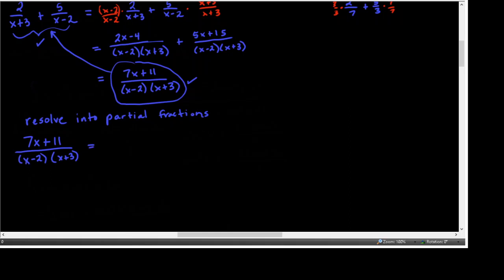So if you notice, the form of the answer is going to be some number, I'm going to call that number capital A, over one of the factors, x minus 2 for example, plus some number, let's call that second number B, over x plus 3.